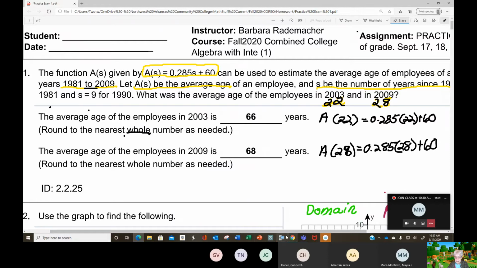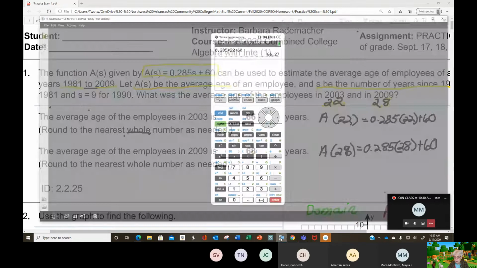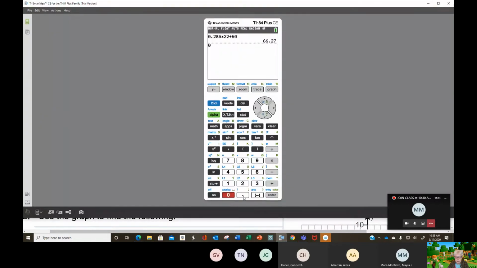Now we calculate this the same way. 0.285 times 28 plus 60, enter. And we get 67.98. We're supposed to round to the nearest whole number. The whole number part is to the left of the decimal point.